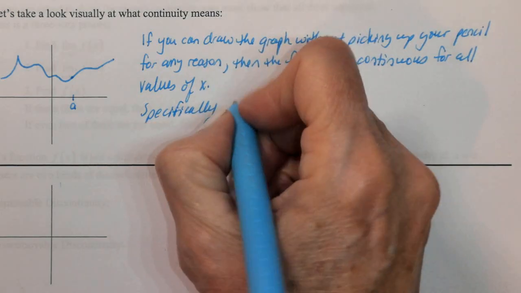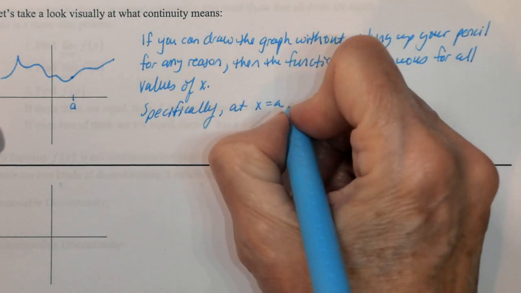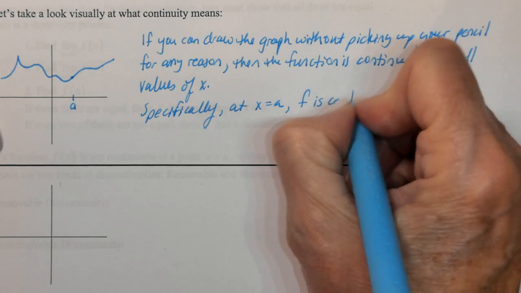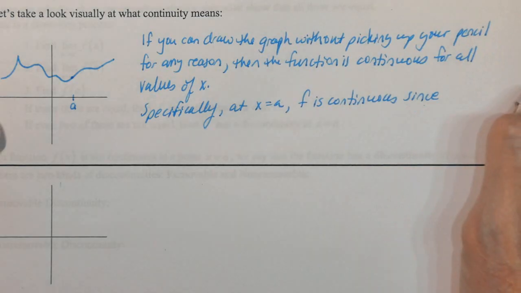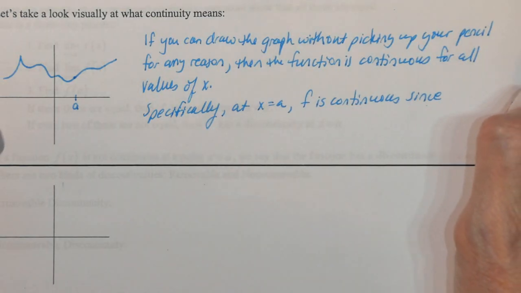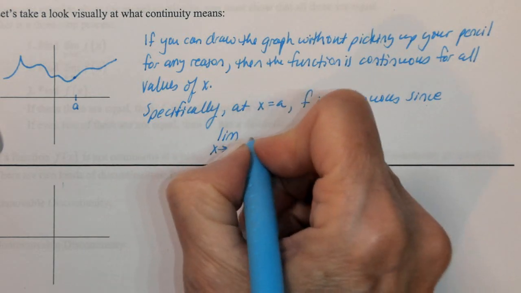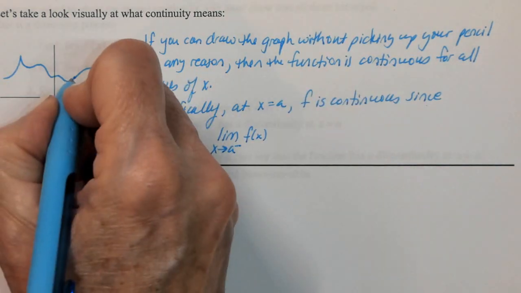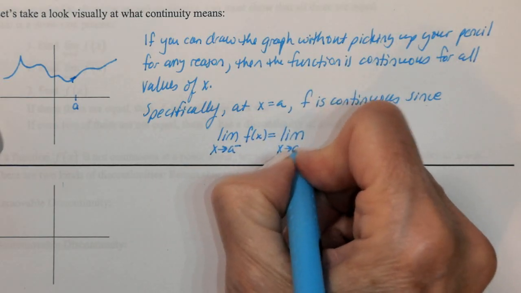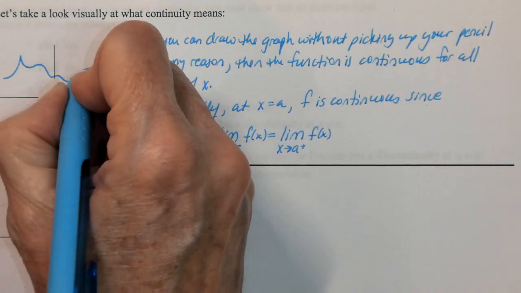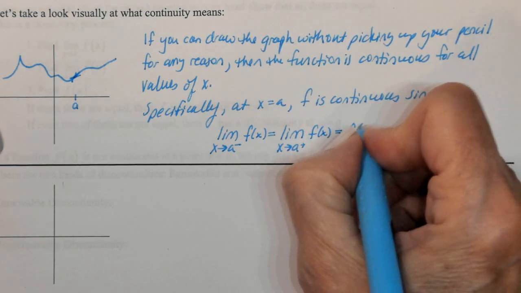Specifically, at x equals a, f is continuous since, and we're going to be using limits here to describe continuity, the limit as x approaches a from the left of f of x is equal to the limit as x approaches a from the right of f of x, and they are both equal to f of a.